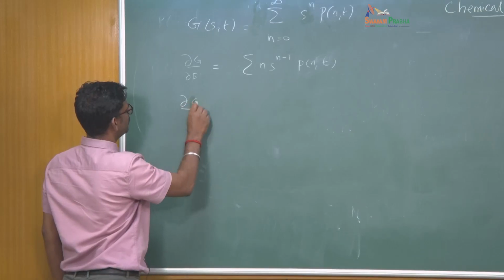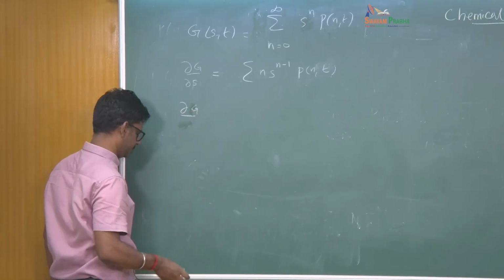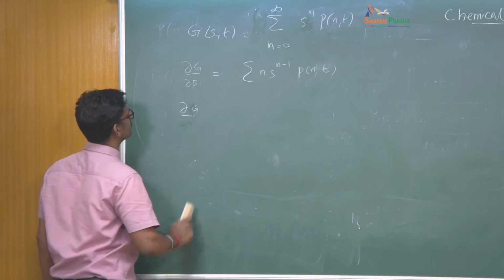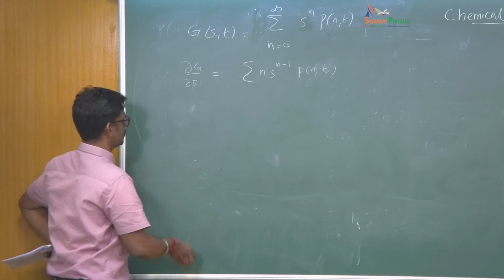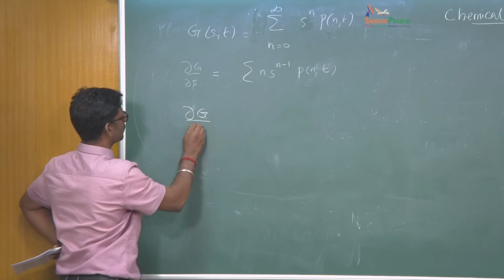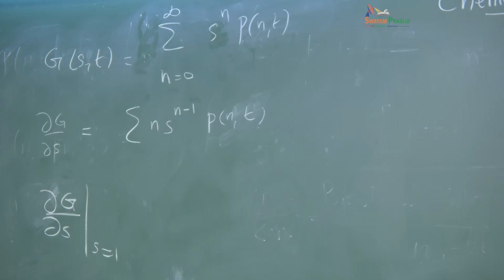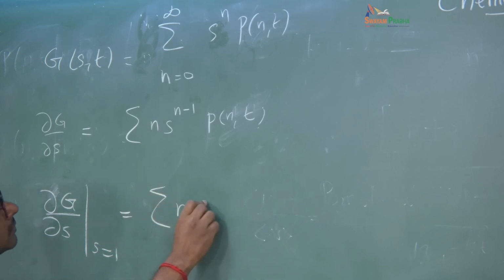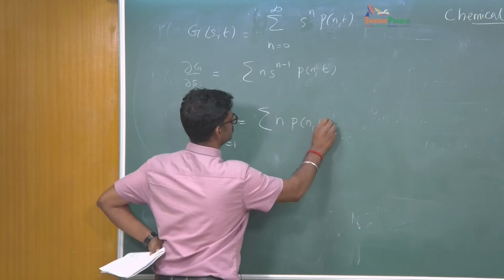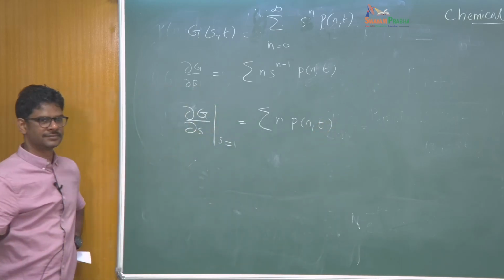Dou g by dou s. If I calculate the derivative at s equal to 1, what is this?